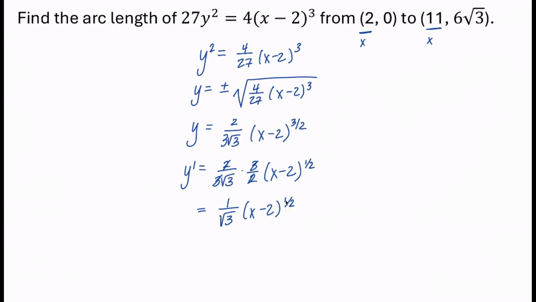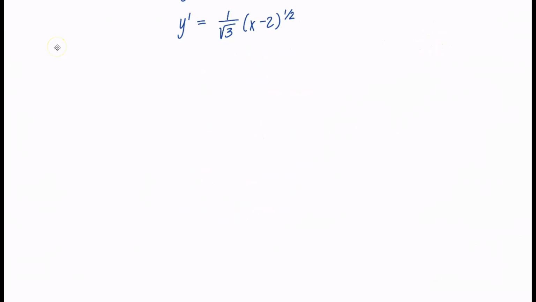So now we have our derivative, and we know we're going to focus on these x values for our limits of integration. So let's set up our integral. Our arc length is going to be the integral from 2 to 11 of the square root of 1 plus 1 over √3, x minus 2 to the 1/2, all squared, dx.